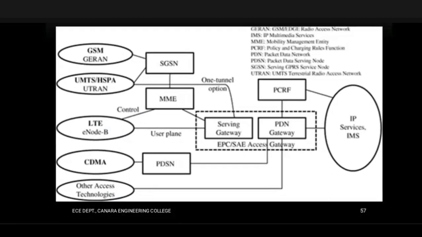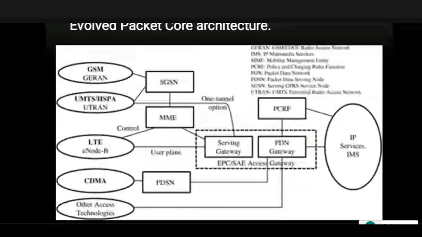Okay, and the other thing is CDMA. For CDMA, you need a PDSN, which works similarly to the SGSN node, and then you have the PDN gateway to other access technologies, and the PDN connects to the IP services or any other connectivity you want.